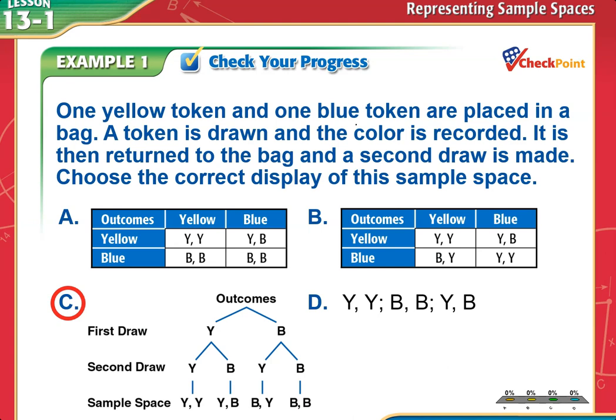You notice the B is missing the BB. So it looks like they made a mistake here on the bottom right hand side. Oops. It should be right here. And think about this one right here. What's wrong with that one there? It shows B followed by a yellow.